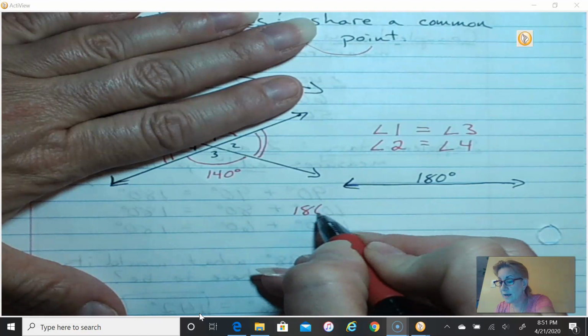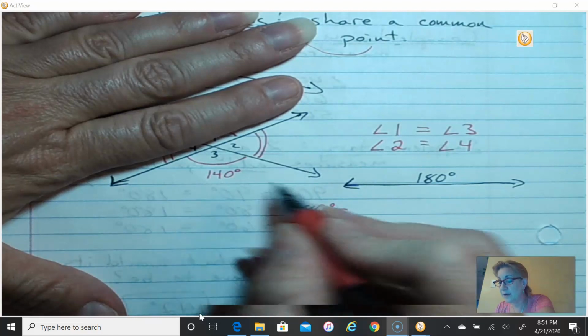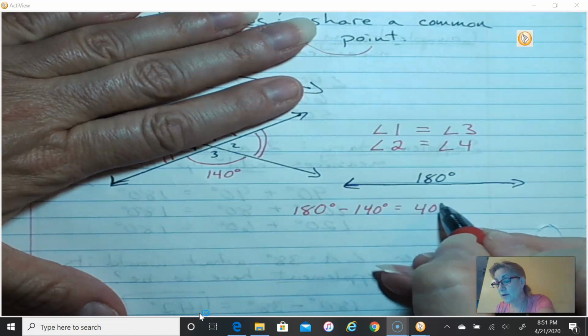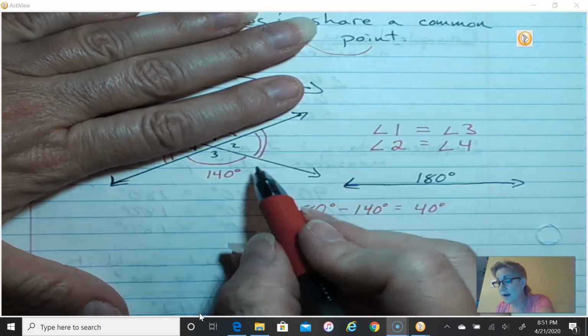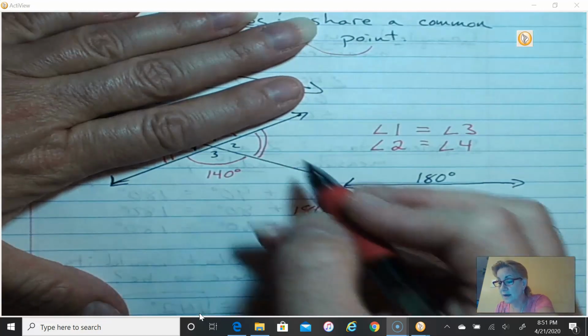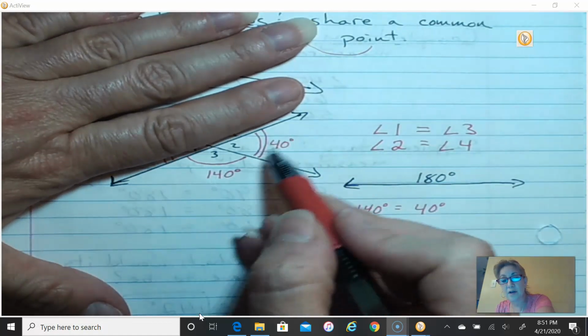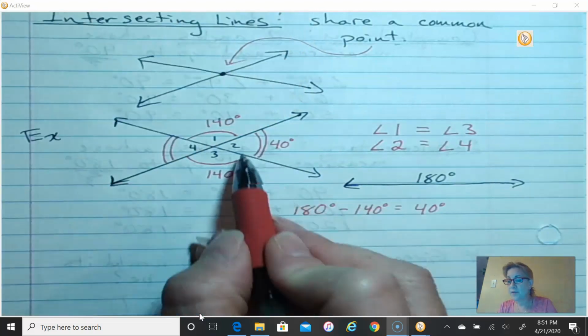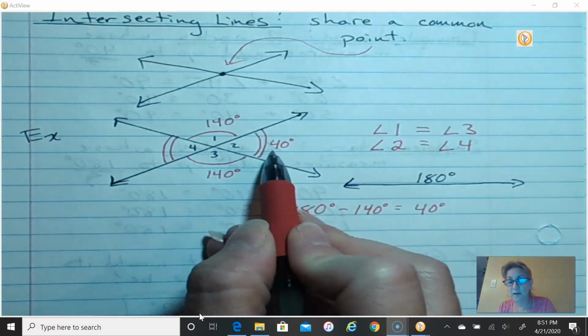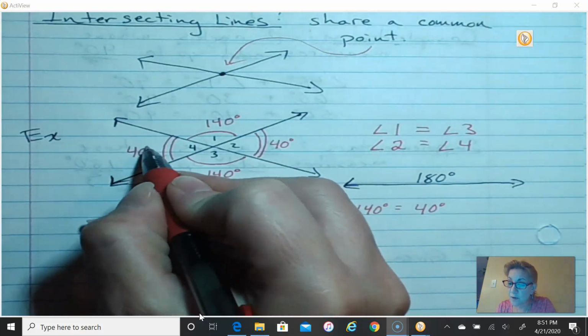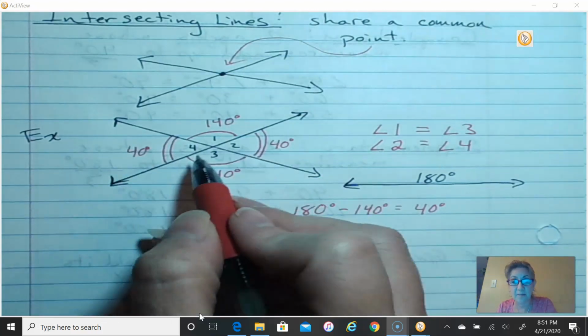You would do 180 degrees minus 140 degrees. That would give you 40 degrees. So angle 2 would be 40 degrees because they equal 180. If angle 2 is 40 degrees, then angle 4 is also 40 degrees because they are the same.